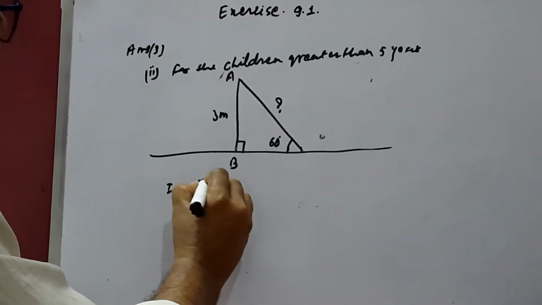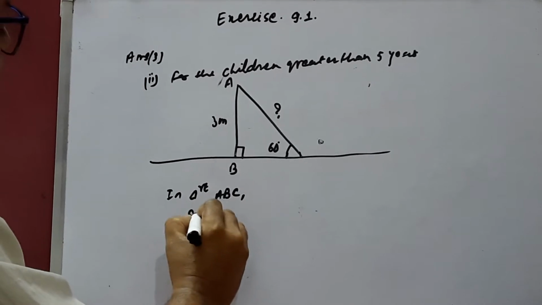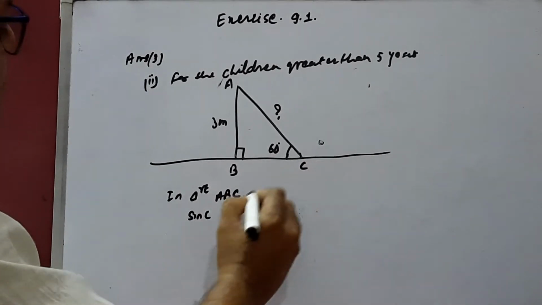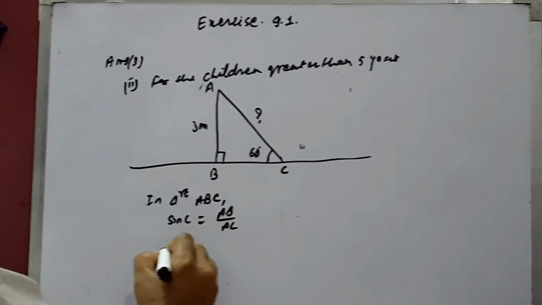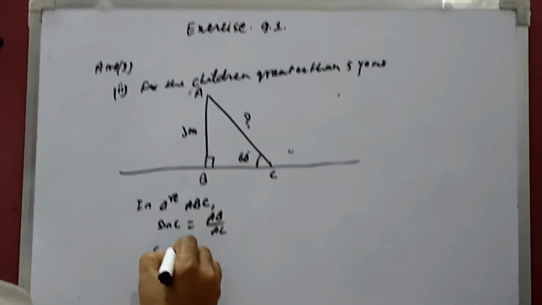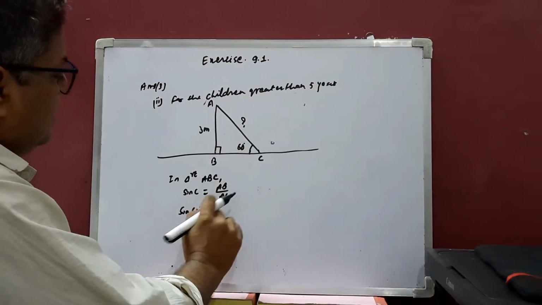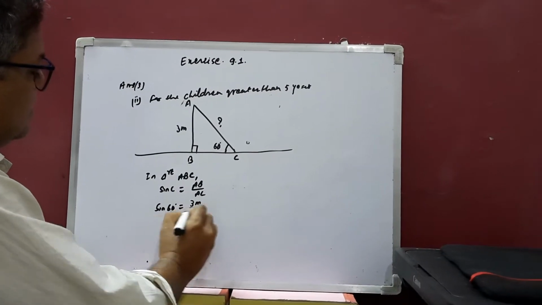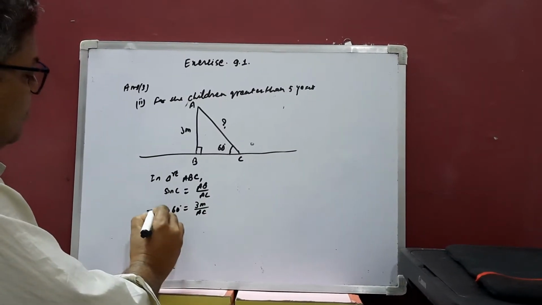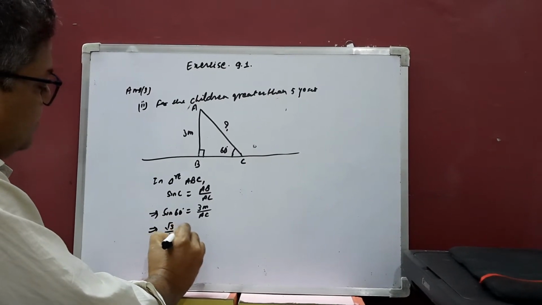In right triangle ABC, sine C is equal to AB by AC, and this is sine 60 degree. This is AB, that is 3 meter, and this is AC. Substitute the value of sine 60, which is root 3 by 2.